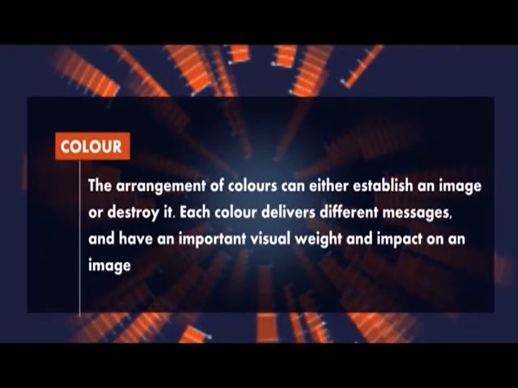Intensity refers to the purity of the hue. Arrangements of colors can either establish an image or destroy it. Each color delivers different messages and has an important visual weight and impact on an image.